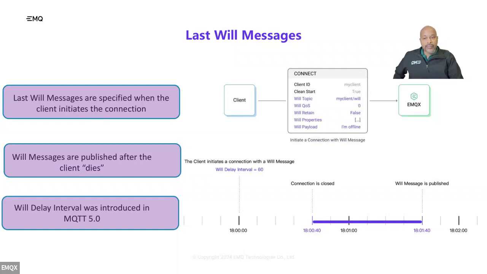So even though the sensor is not online anymore, it is able to publish the message that, hey, I'm offline. That helps you maintain sessions and keep track of which clients are connected or disconnected.